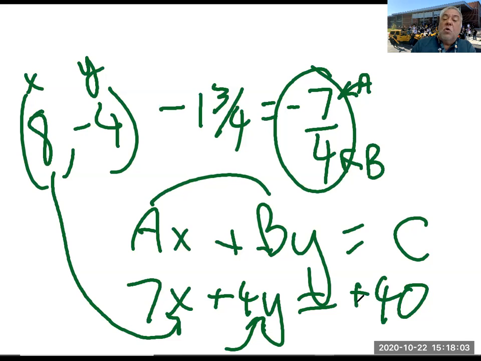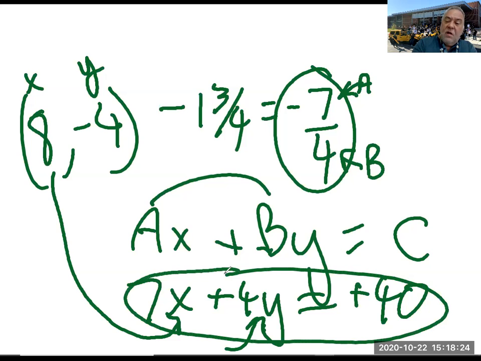So basically you plug it in and see which one makes it true. That's really what it comes down to. Plug in the x and the y, and see which one makes it true. If they've got four different answer choices, plug in the x and y and see. That's the way I would do it.